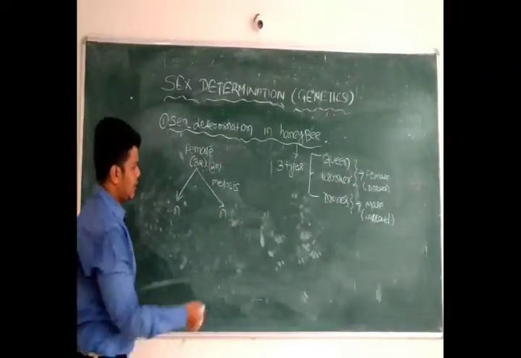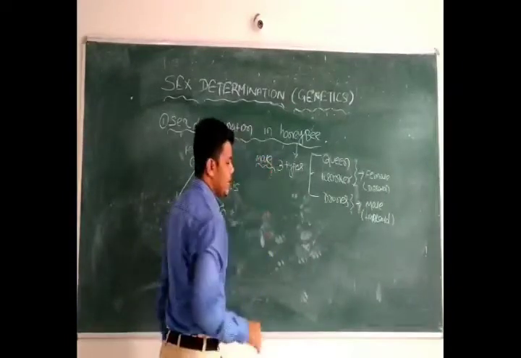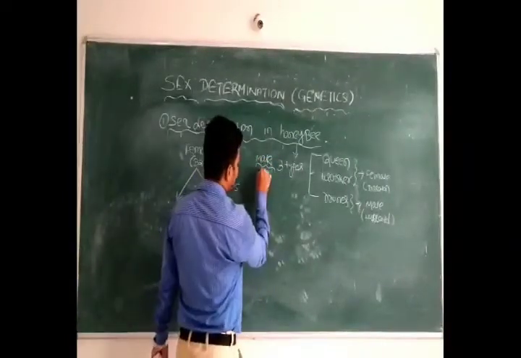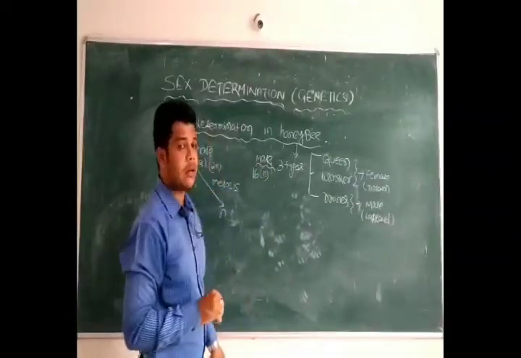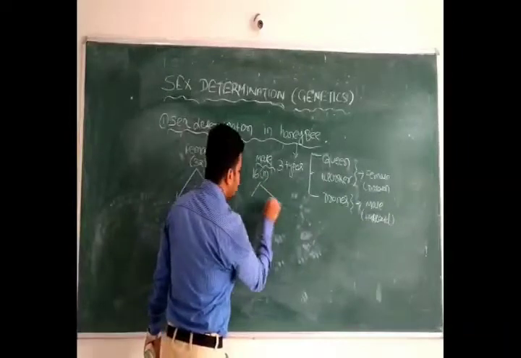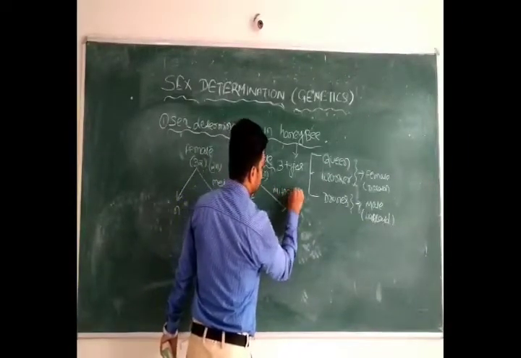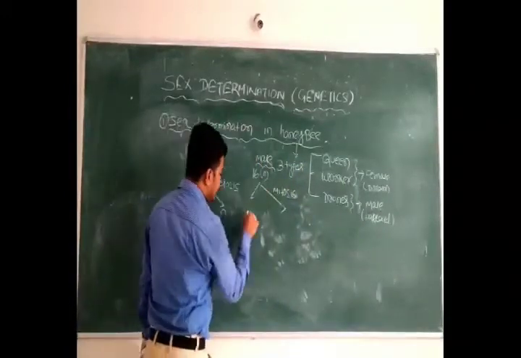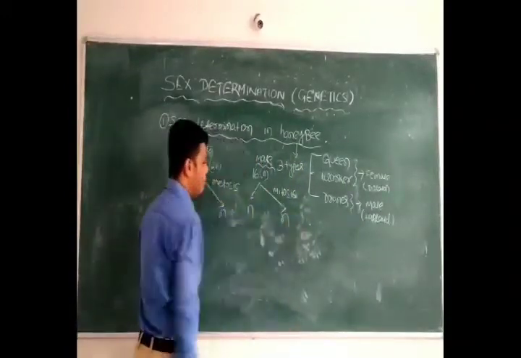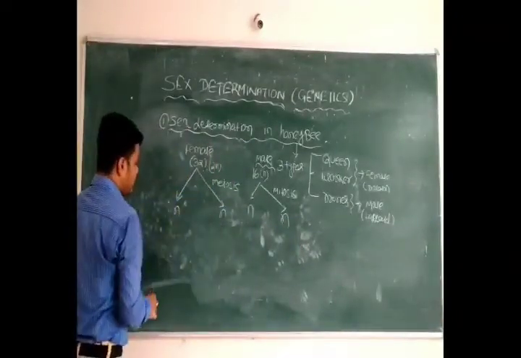And in case of male, because they have the haploid number of chromosomes, that means n or 16 chromosomes, obviously mitosis division takes place, and n and n gametes are formed by the process.